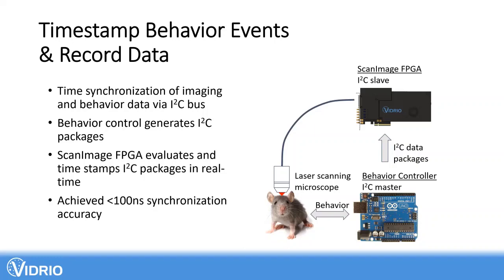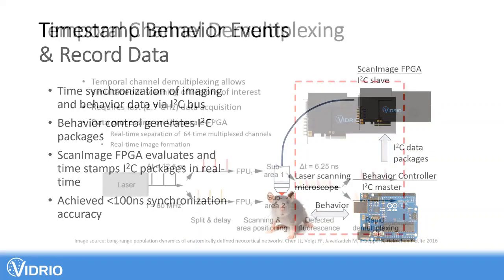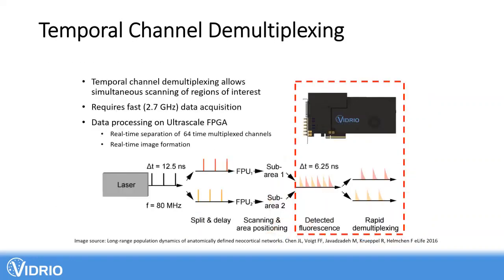Another thing that Darcy talked a little bit about yesterday was temporal demultiplexing. The new high-speed vDAQ with the 2.7 gigahertz ADC has this kind of capability, obviously, and here's a simple approach of that, where you would split the laser pulse into two and delay one by 6.25 nanoseconds.